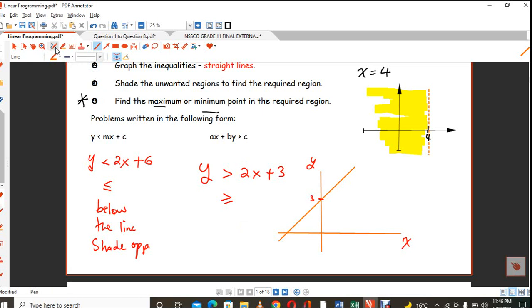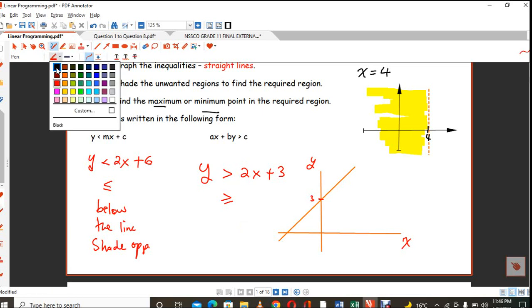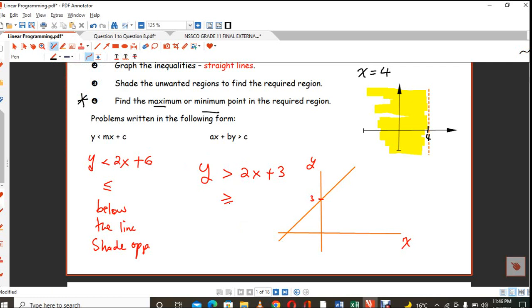Because the inequality says greater than, we are going to look at what is above the line. So the part that is true is the part that is above the line. So what you're going to reject, you shade the opposite.